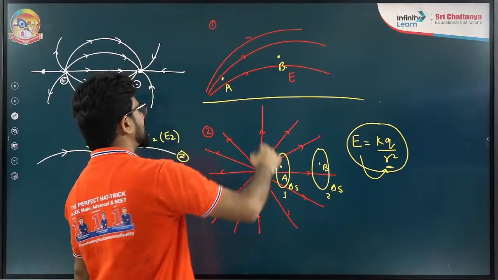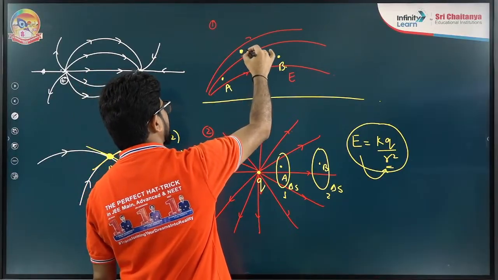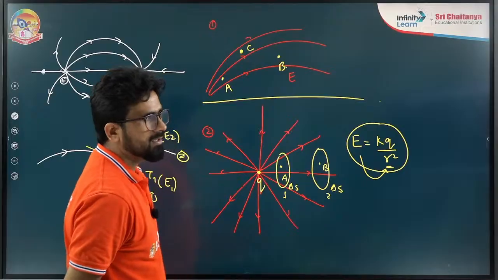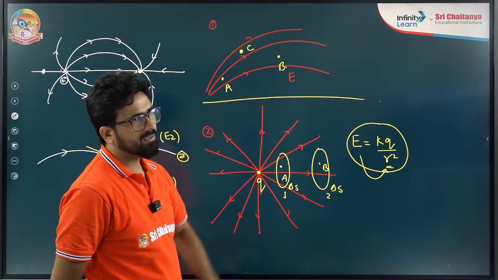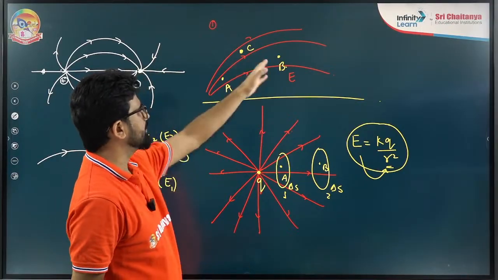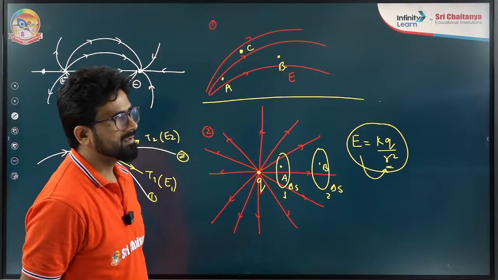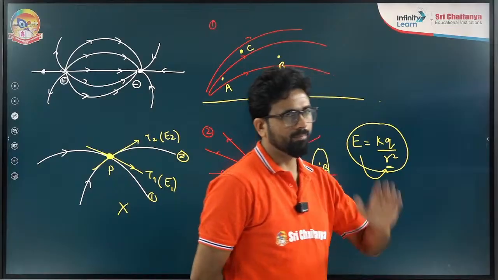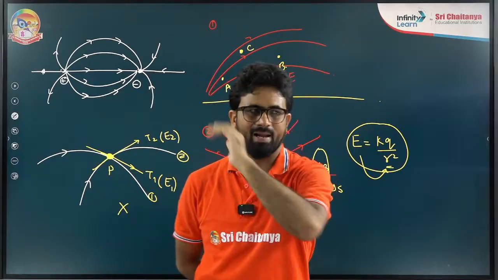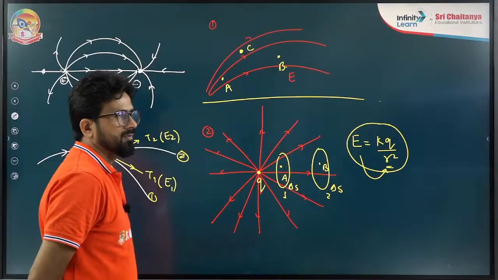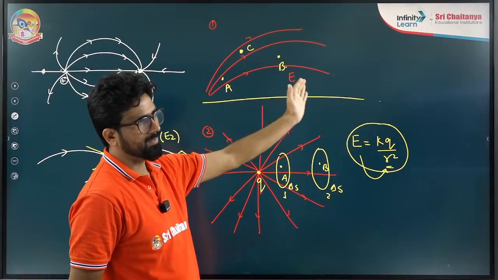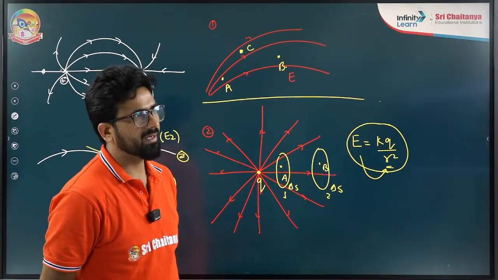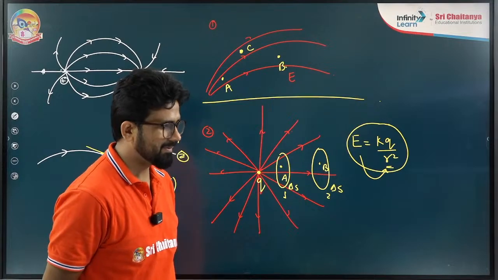Now I am asking another question. This point is C. You can see there are 3 points, A, B, C. Arrange the order where the field is more and where the minimum. Maximum value first, then minimum at the last.